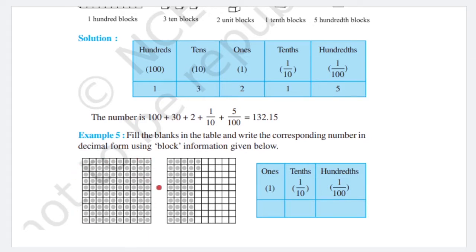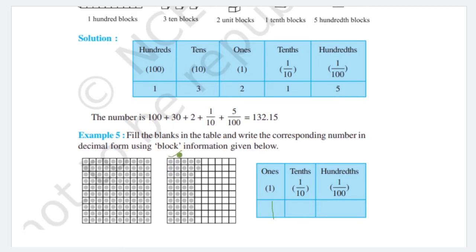So this will be ones, each column will be 1/10, and each small square will be 100ths. Okay, so this will be ones. How many ones are there? 1. So you'll write here 1. Tenths: how many tenths are there?